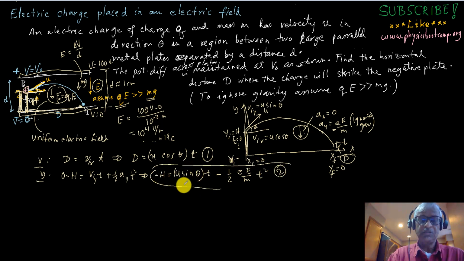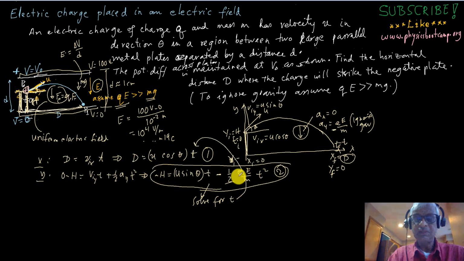We can solve this for t, and then plug that in here and get d. So this is a quadratic equation. One t is when it was at this point in the y, same y equal to 0. So this is like in the past, and one t is in the future. So I need a t in the future from here, right?